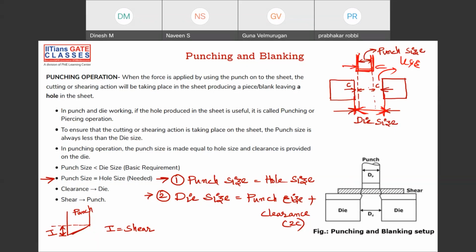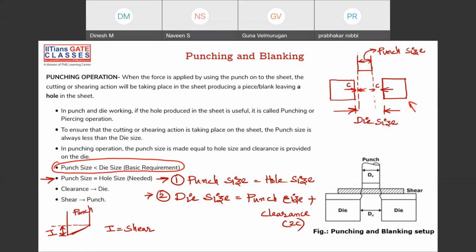This is the punch size. So the punch size is less than the die size. That's the reason this diagram is apt, right? The punch size is less and the die size is more, and the difference between punch and die is given as clearance. Right?